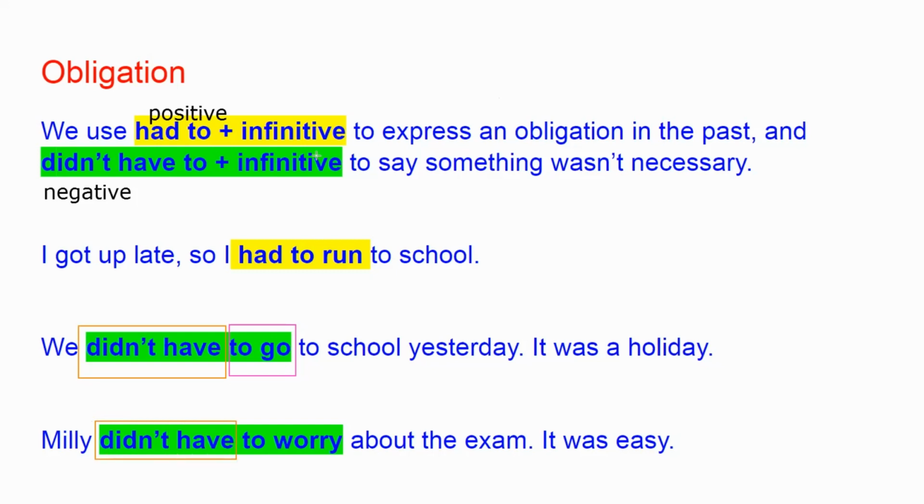Esa viene siendo la regla para identificar una obligación que no era necesaria. And then we have the infinitive form. To worry, okay? To worry about the exam. To worry, no se debió preocupar.